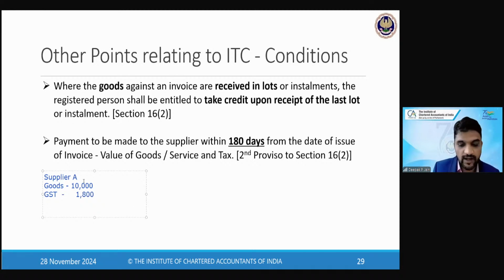He's charged you this and paid to the government. When will he make this payment to the government? Say if he has supplied on 1st of April 2024. When will he make payment to the government? And as soon as he sells to me, I will not make the payment to him because I will have 60 days credit period.